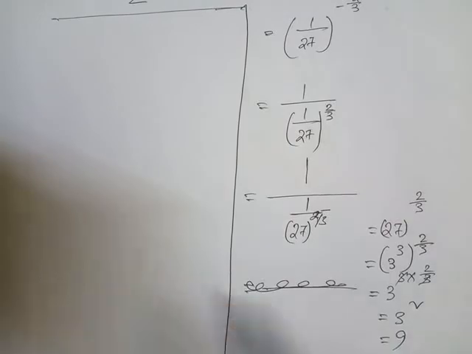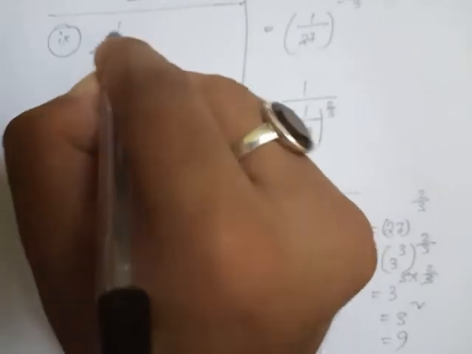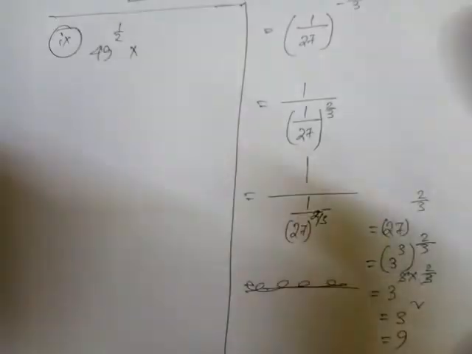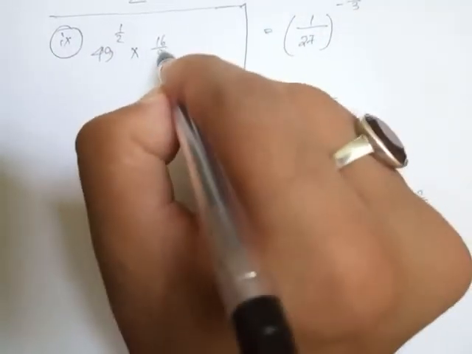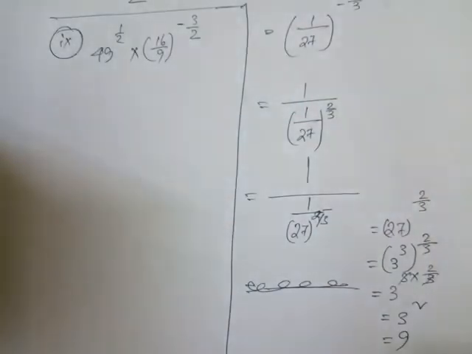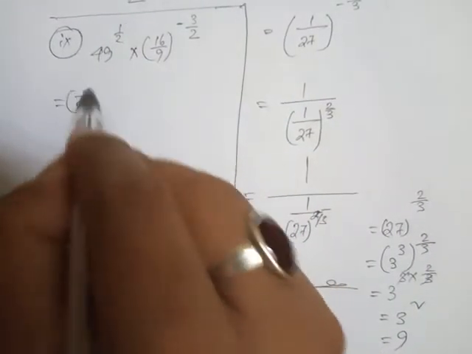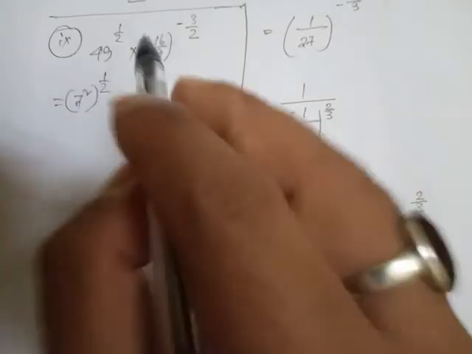Students, now going to solve Roman 9. Here, 49 to the power half into 16 by 9 whole to the power minus 3 by 2. We'll use the same formula again, 7 square into 1 by 2, 7 square is 49.